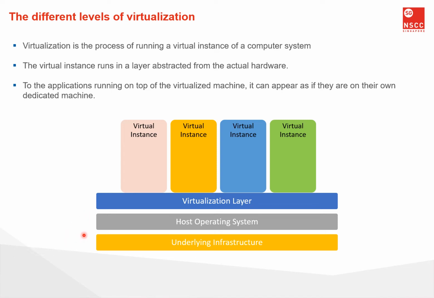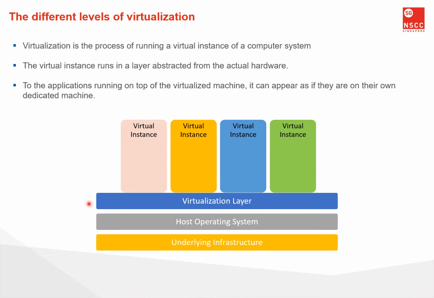Now, the problem is that if you do this, the resources on this computer, especially for large computers like a supercomputer, may not be efficiently used by that one single operating system itself. So in order to fully use the hardware, what is commonly done these days is to introduce a virtualization layer, this one over here, that rides over the host operating system.